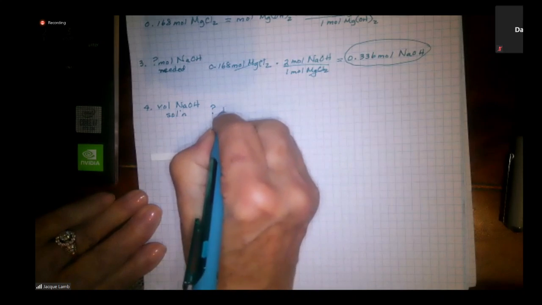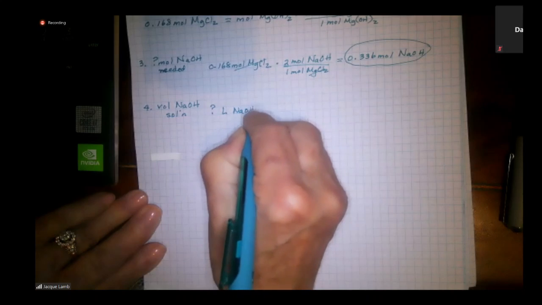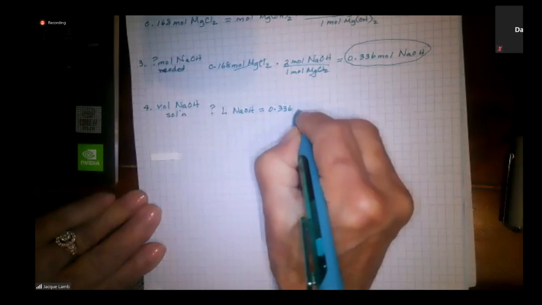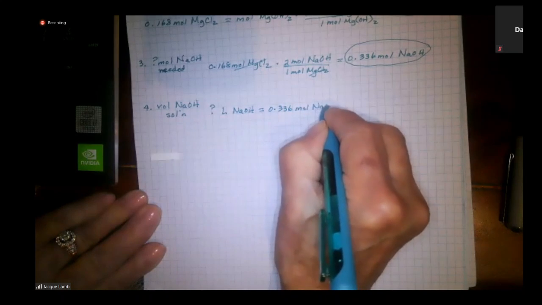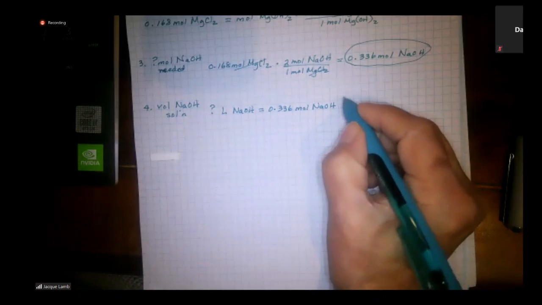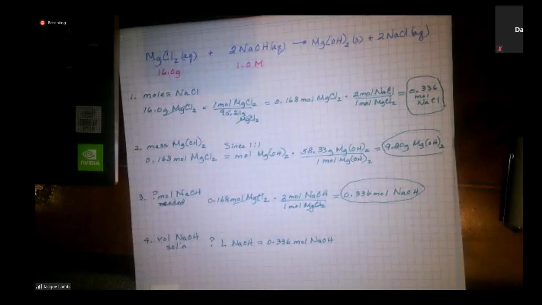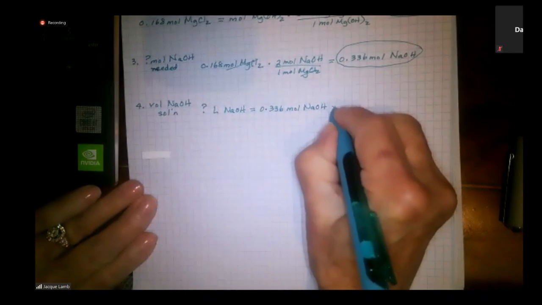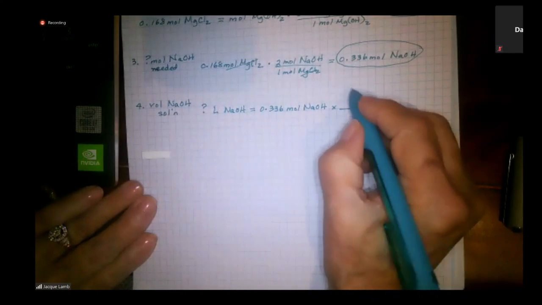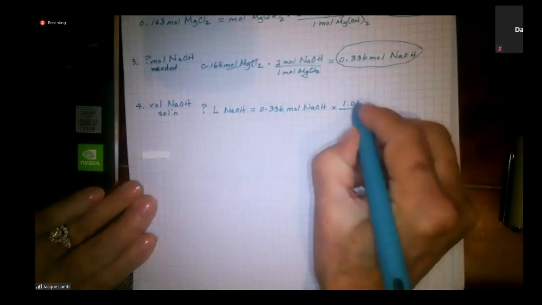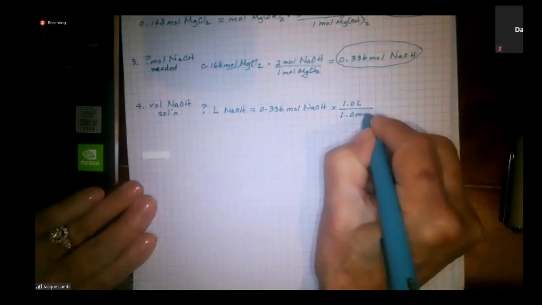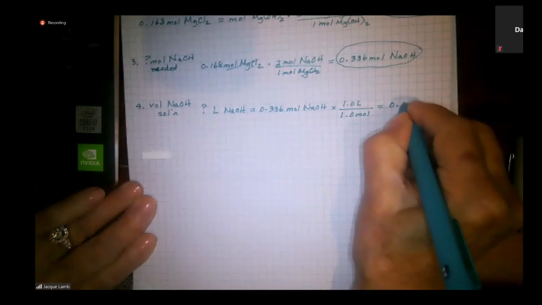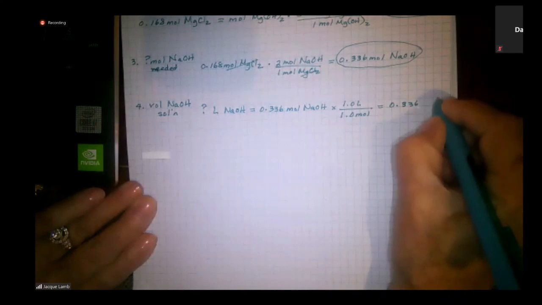I start with 0.336 moles of NaOH. The relationship I was given in the problem was that it was 1.0 molar. So my conversion factor here is 1.0 liters is 1.0 moles. So that tells me I'm going to need 0.336 liters.